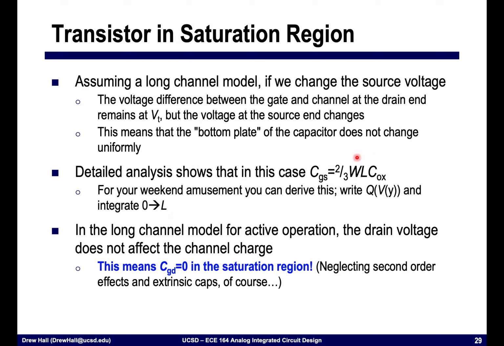It's a rather straightforward derivation. And then if we think about our long channel model, as I said, the drain voltage doesn't really affect the channel charge, and so we don't have any capacitance for CGD in saturation. Now, of course, there are going to be second order and extrinsic capacitances that we'll talk about in just a second.